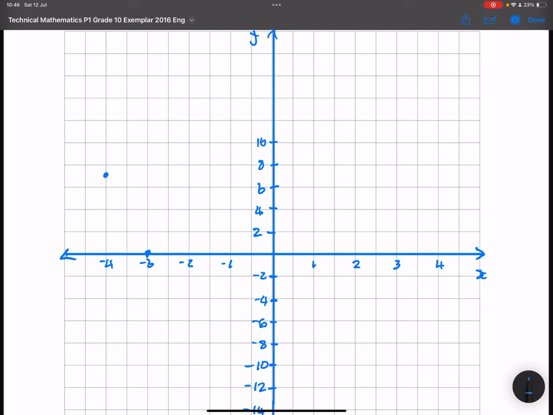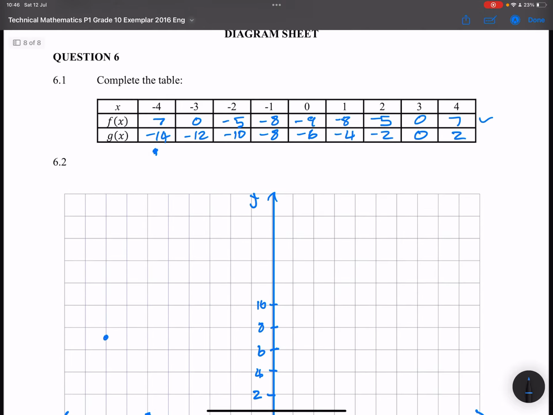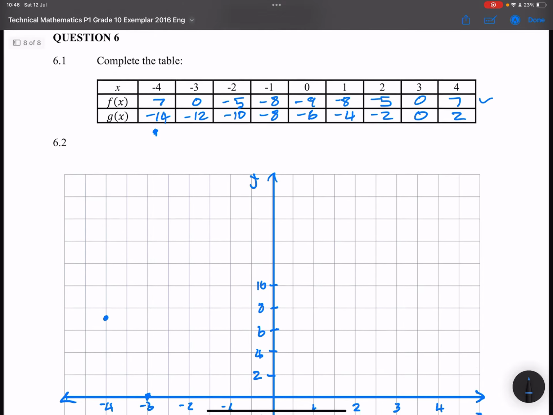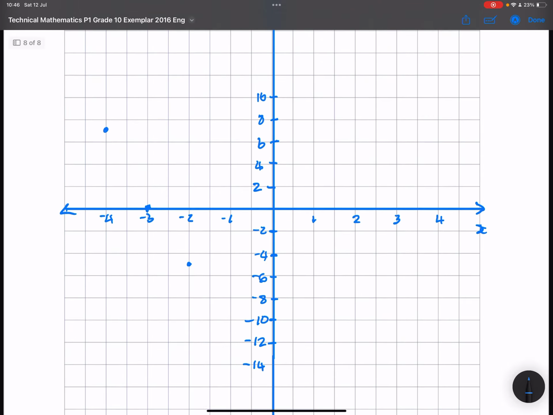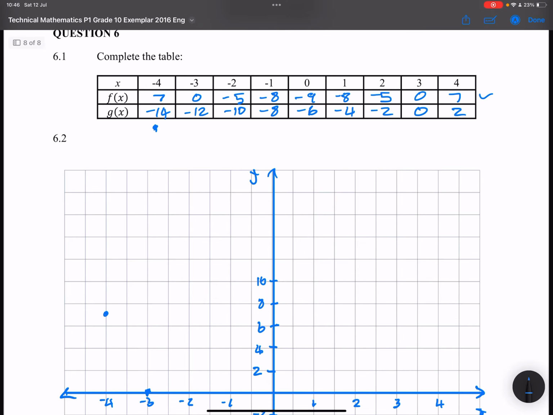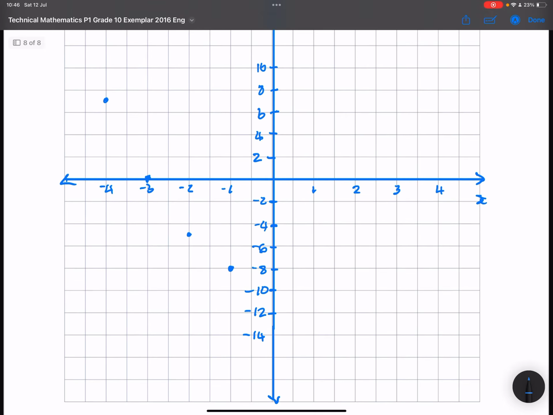At negative 1, we've got negative 8. And at 0, we've got minus 9. So there it is, between negative 8 and negative 10.